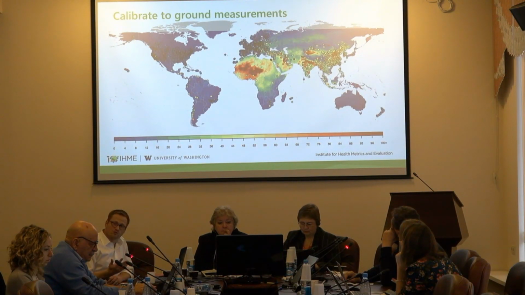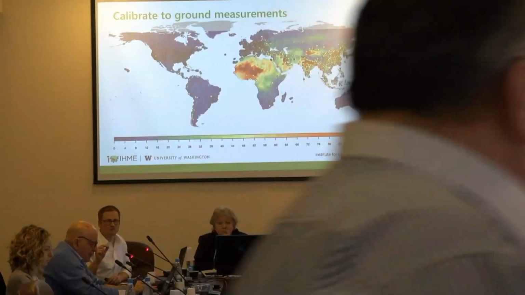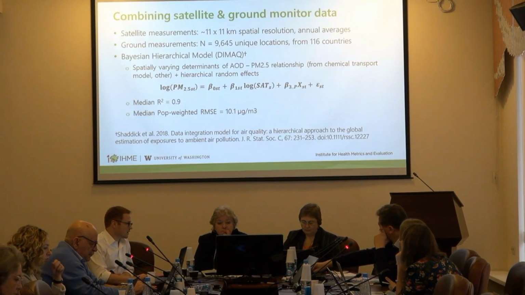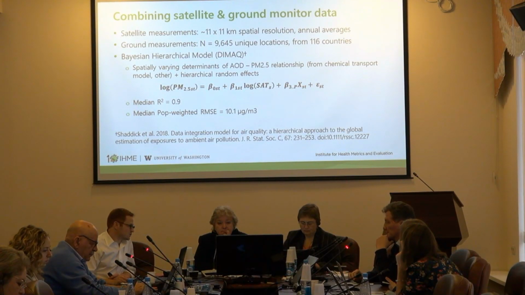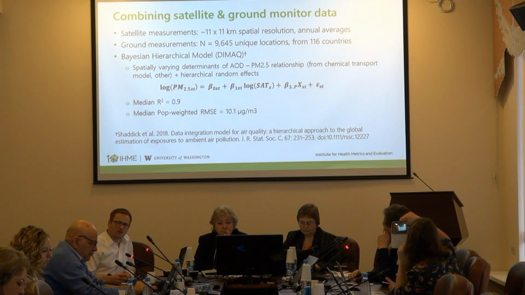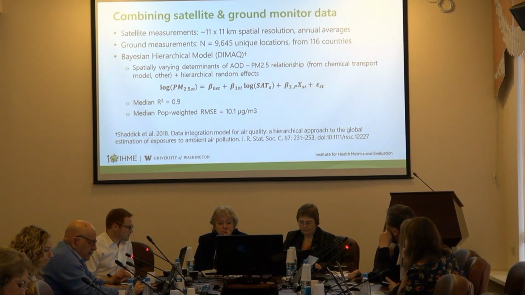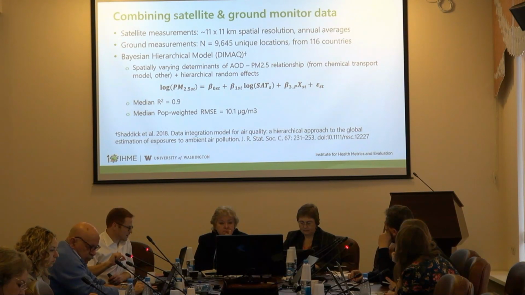We also have ground-based measurements, so these are actual PM 2.5 monitors that are picking up true PM2.5 at the surface that people are being exposed to. And what we do is we take these 10,000 or so monitors, and we use a Bayesian hierarchical model. It's called the DIMAC model. And calibrate the satellite measurements to the ground-based measurements.